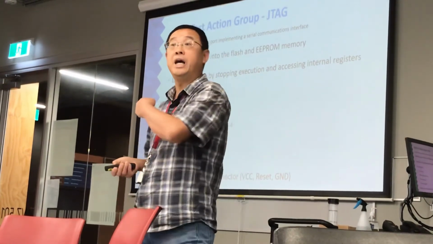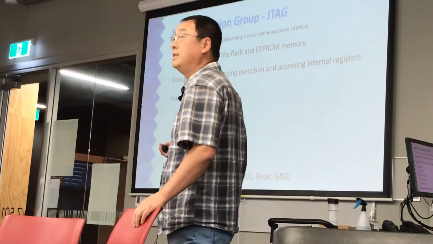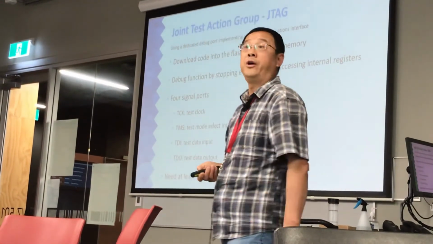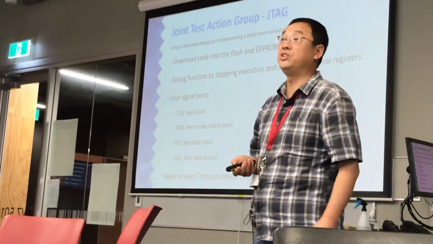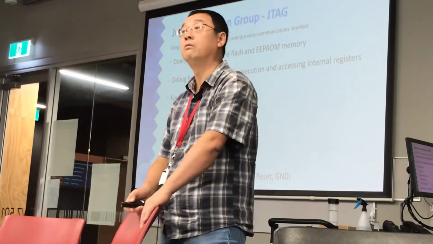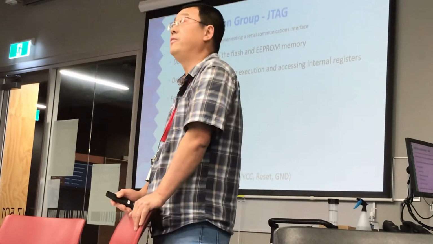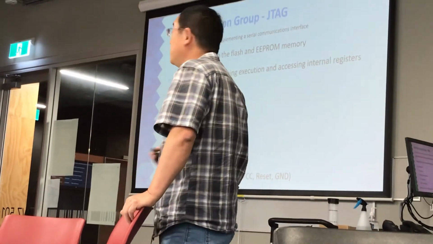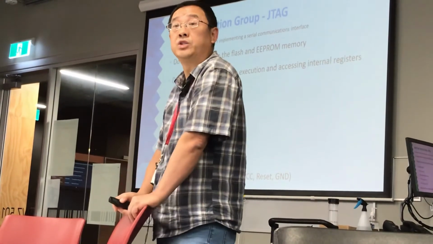If you see any microcontroller with these pins, that means its flash port is JTAG. If you do the final year project, I suggest you use something that has JTAG. It depends, but if you're doing a lot of programming, you had better use something with the JTAG function.